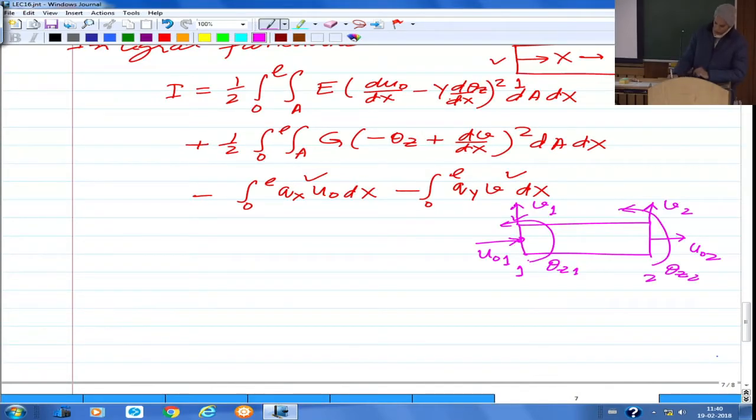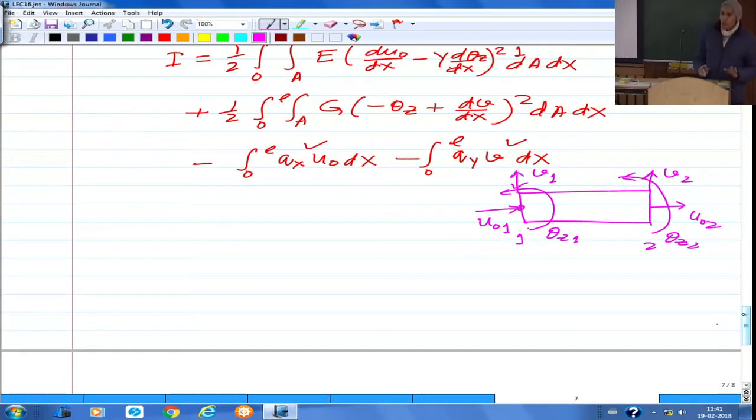Then for the potential of external forces, you will have internal forces here due to the left side structure and the right side structure. Here your q1 is going to be in this direction, whereas u naught is in this direction. So work done is negative, potential is positive. So I am putting this minus sign here.